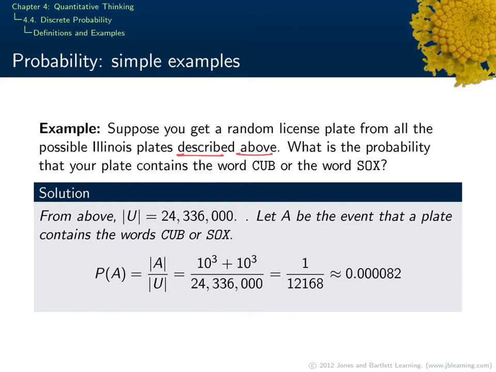First of all, let me remind you about how Illinois plates were described above. Remember, there were two possibilities. The first possibility is that there are three letters followed by three digits. The other possibility is two letters followed by four digits.